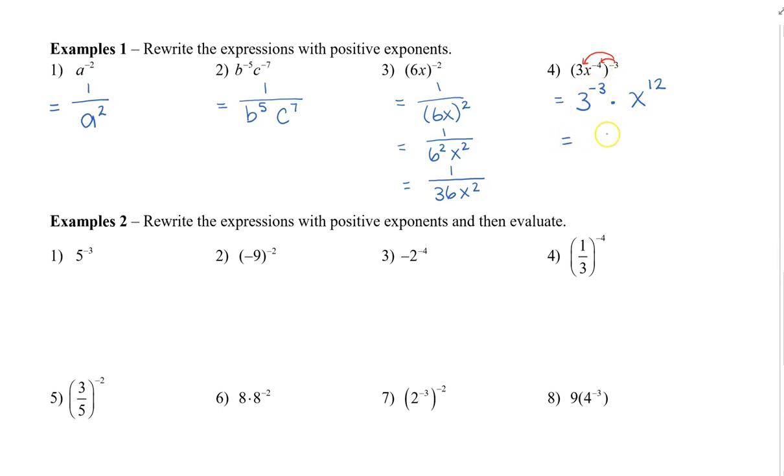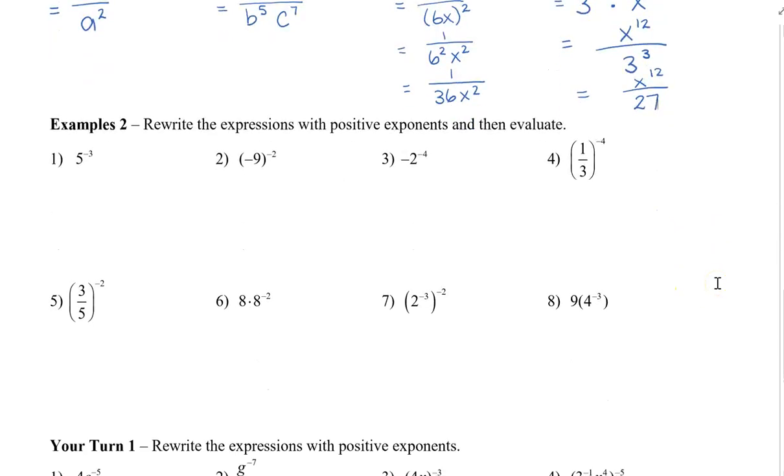So what we're going to do is rewrite this. X to the 12 will still be in the numerator, but the 3 with a negative 3 will move to the denominator because it has a negative exponent. And when it moves to the denominator, it becomes positive 3 exponent. And if you want, you can change this to x to the 12, and then 3 cubed is 27.